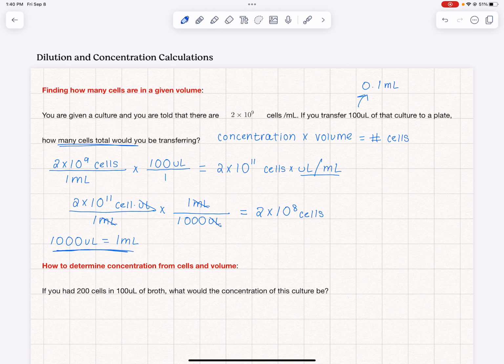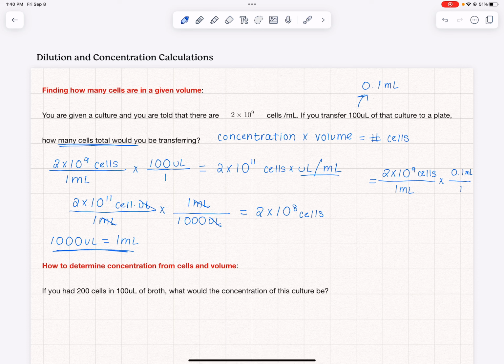So, another way for us to calculate this, and I'll write this off to the side, would be 2 times 10 to the 9th cells over a mil, multiply that times 0.1 milliliters, and that's just over an imaginary 1.